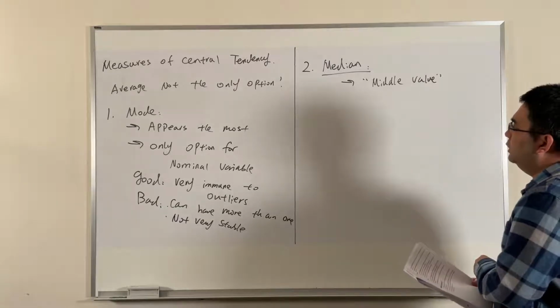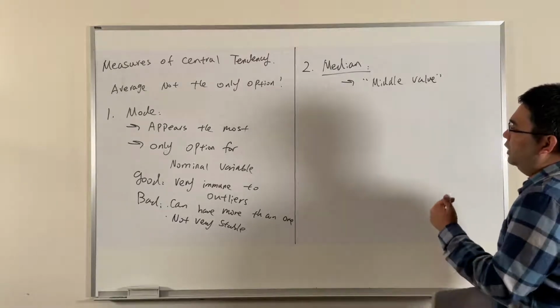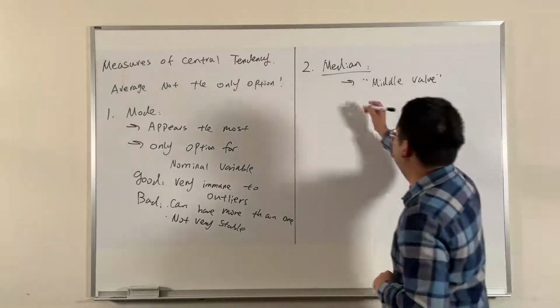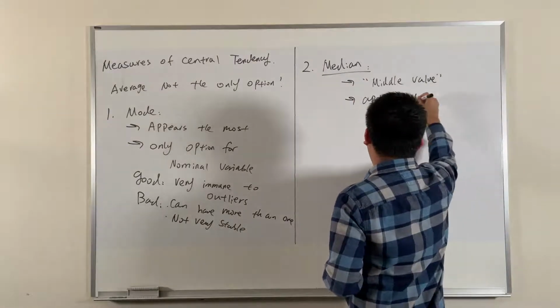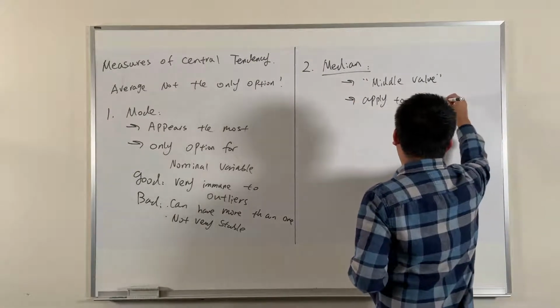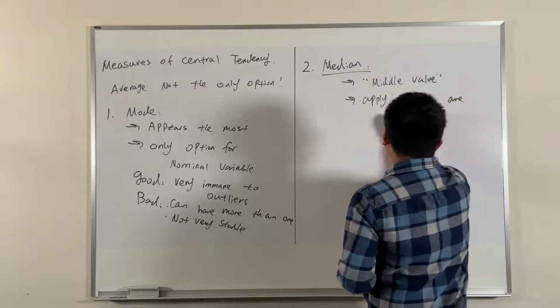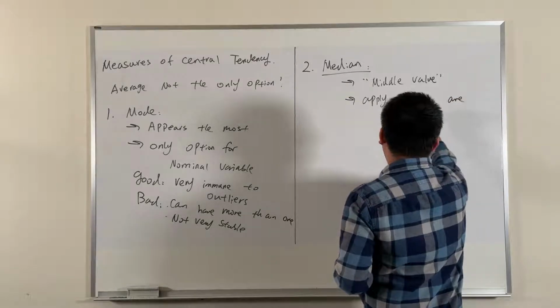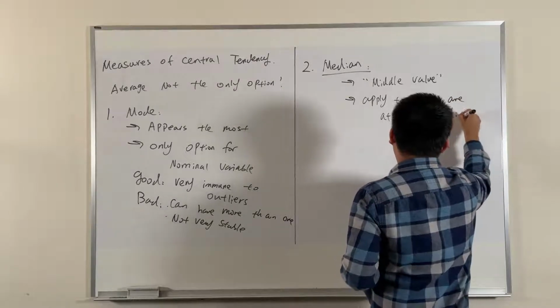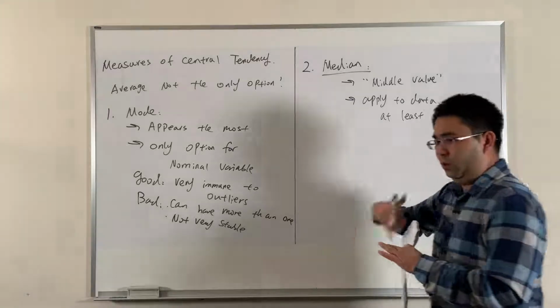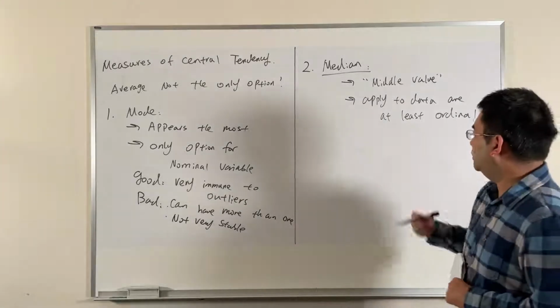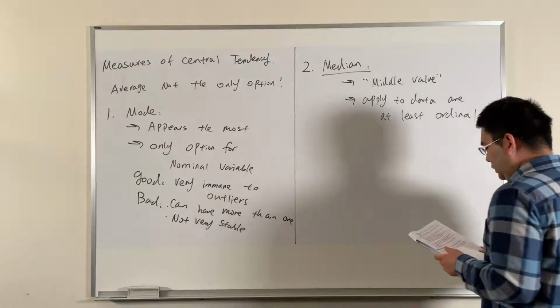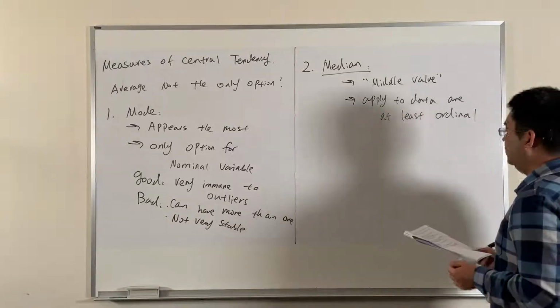You can only apply median to data that are at least ordinal, because you need to rank or order them to find the middle one. So that's at least ordinal data.